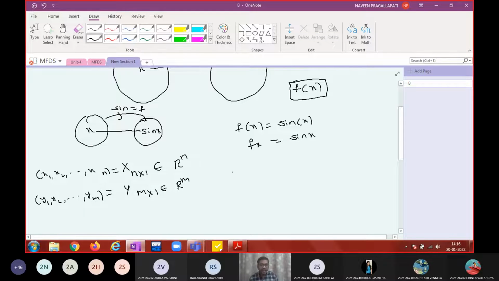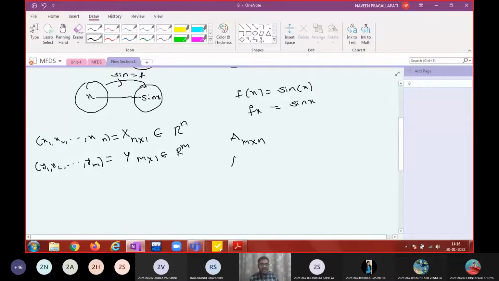Now you take a matrix A of order m by n. If I multiply this A with the vector x, what is the resultant? A matrix of order m by 1, right? Yes, sir. So that means this matrix is transforming a set of n dimensional vectors to a set of m dimensional vectors.